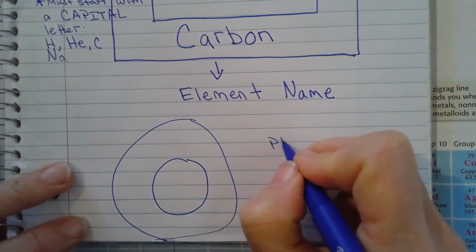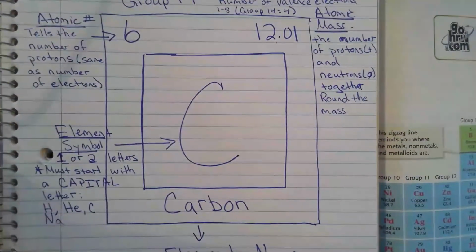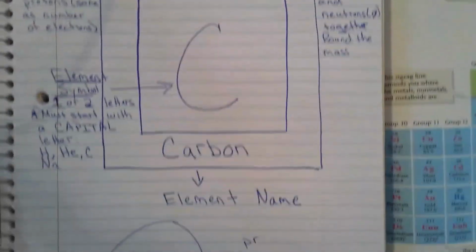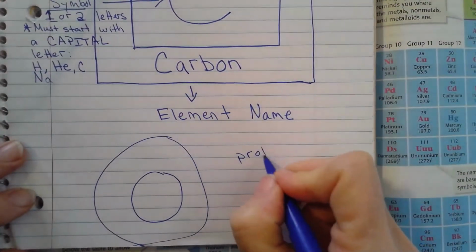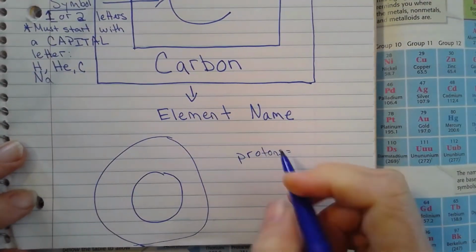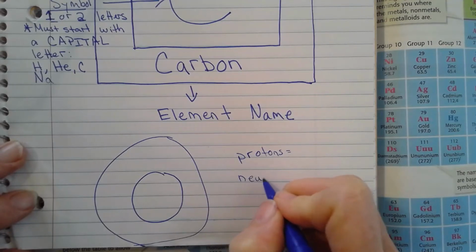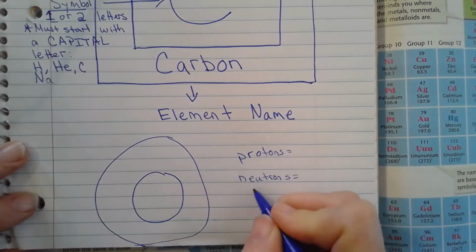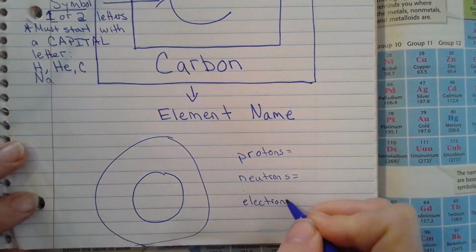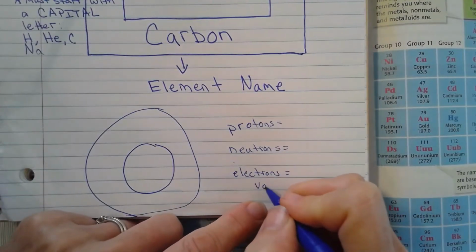So based on this, I'm going to use that to decide how many protons I have, how many neutrons I have, how many electrons, and of those electrons, I'm going to have 2 different kinds.